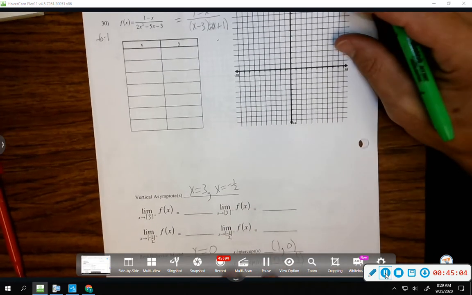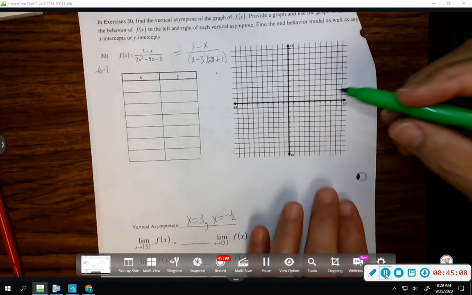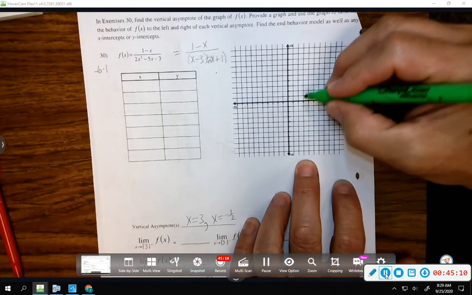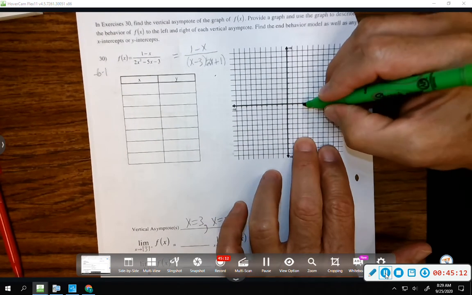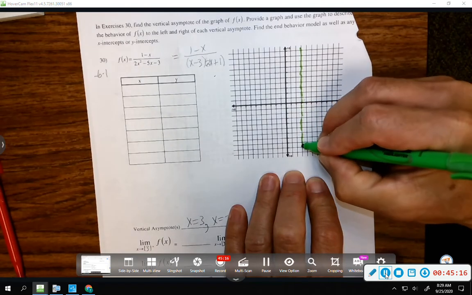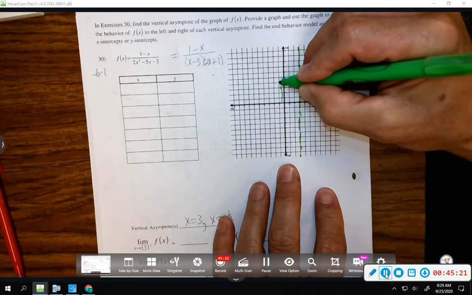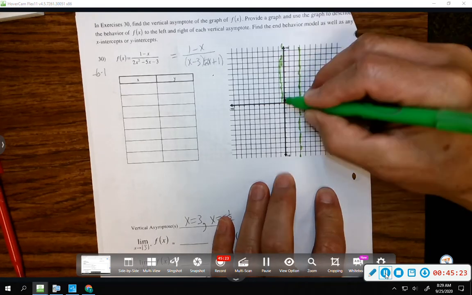Let's start with the 2 vertical asymptotes. X equals 3. Goes right through here. X equals negative 1/2. Might not be the prettiest, but it looks like this. Okay, somewhere in between there.